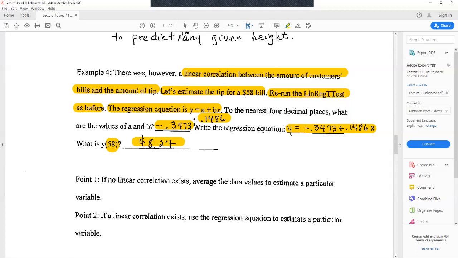So we would plug in 58 for x, so 0.1486 times 58, and then subtract 0.3473, and we get $8.27. So if your customers continue to tip along this model here, in other words, they're very predictable, very stable, you should be able to tell what your employees are earning in terms of tips.